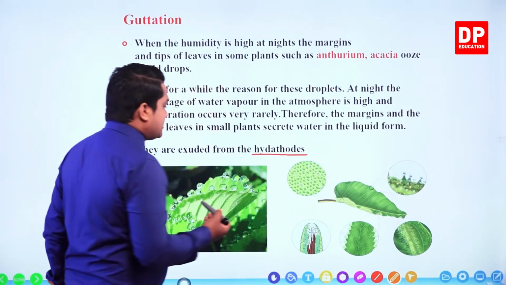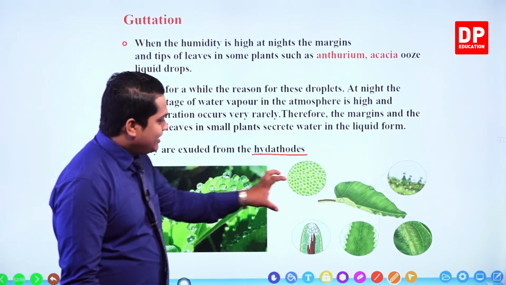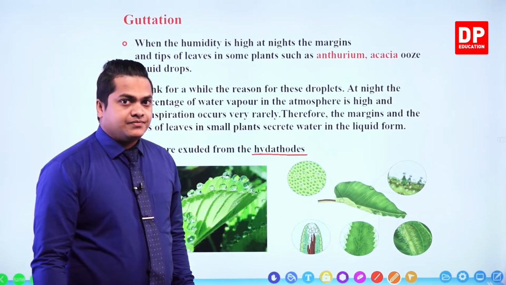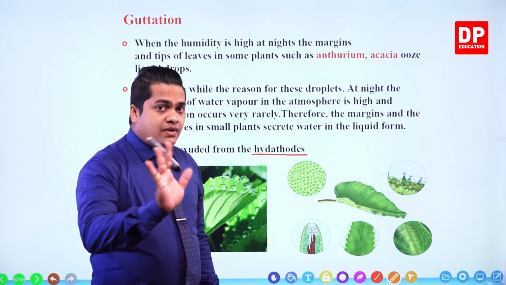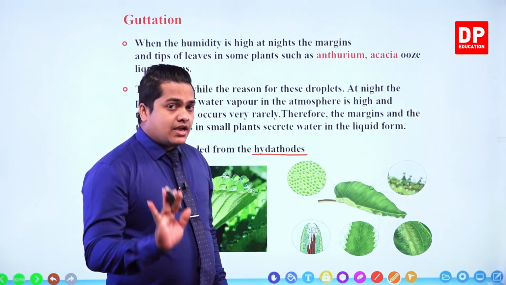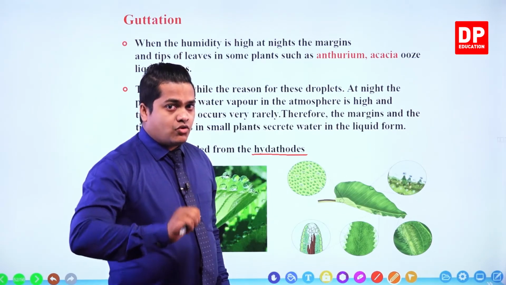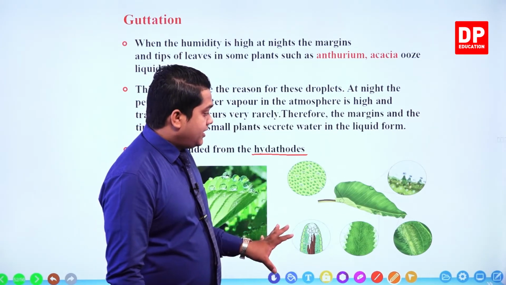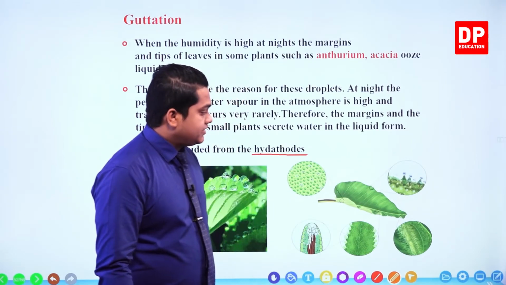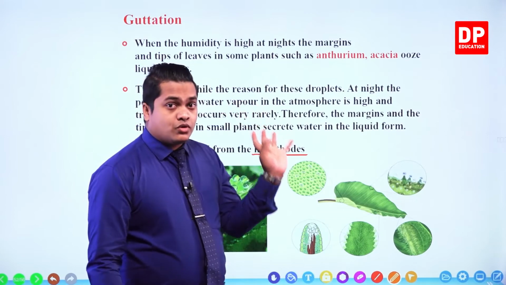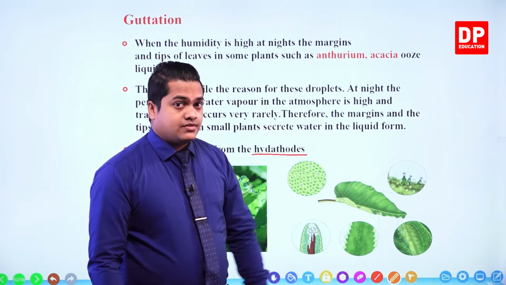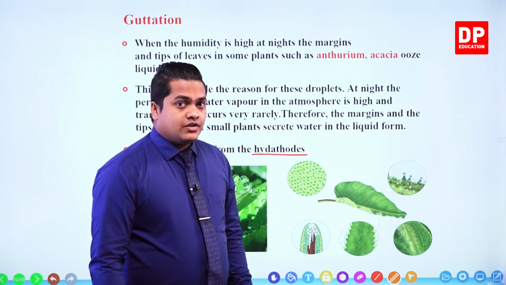So hydathodes are the ones which are being mentioned in these figures. You can see it. These water droplets are not getting expelled from the stomata. They are getting expelled from hydathodes, a special structure contained within the plant leaves like this. Especially in plants like Acacia, Anthurium, tomato, potato, right?